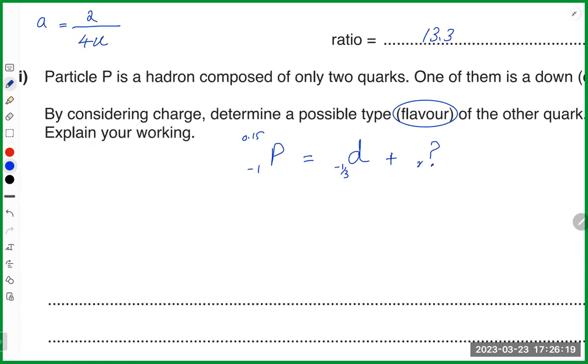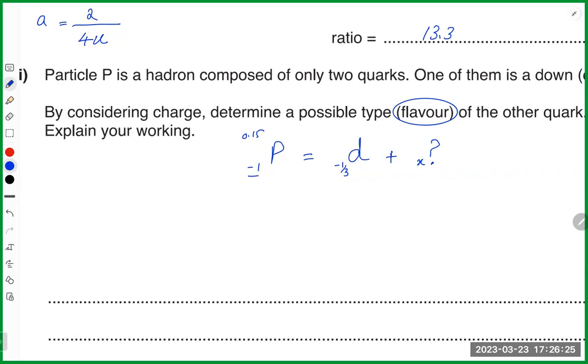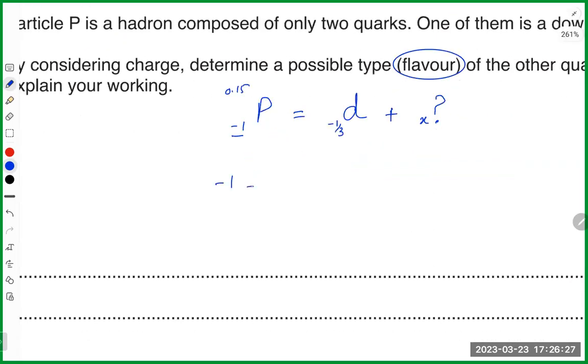What should be the charge of this particle that will make the total -1? So -1 equals -1/3 plus x.